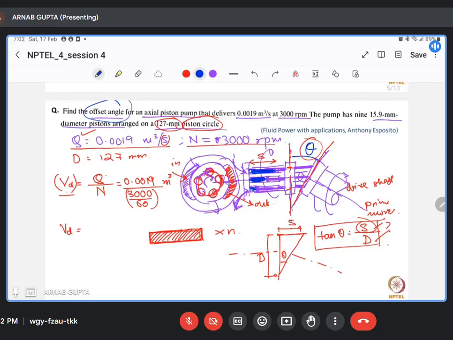This blue color that I have marked here is the displaced volume for this particular cylinder. So that is multiplied by the number of cylinders, that is 9.